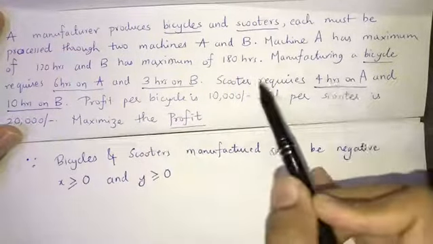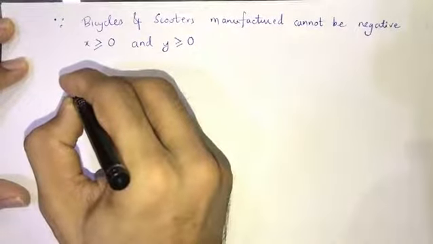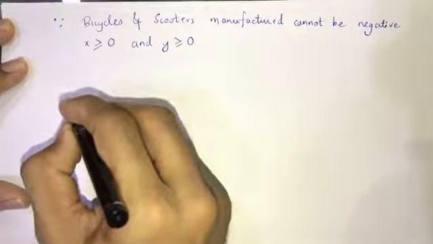Okay, this plus the non-negativity constraints are the inequations we have made out of the word problem. Okay, so I'll write the list here. The constraints are 6x plus 4y less than or equal to 120, 3x plus 10y is less than or equal to 180.